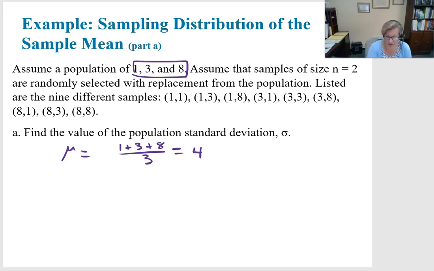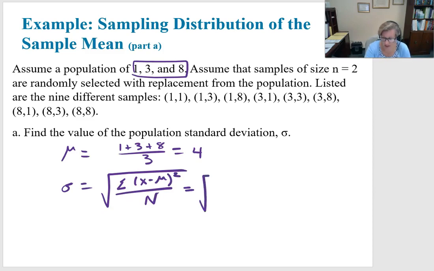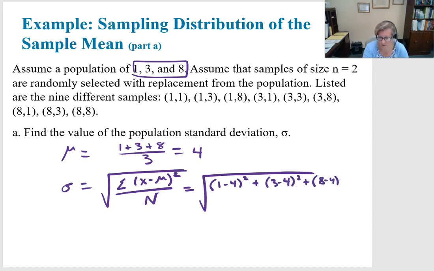And then I can go and find the standard deviation, which is the square root of the sum of our x's minus the mu's, those being squared, and then divided by this. Because we have only 3 numbers, it's actually really easy to do this by hand. So my first one is a 1, subtract the 4, square that. And then we're going to add that to the next one, which is 3 minus the 4 and square that, plus the last one, which is the 8 minus the 4 and square that.